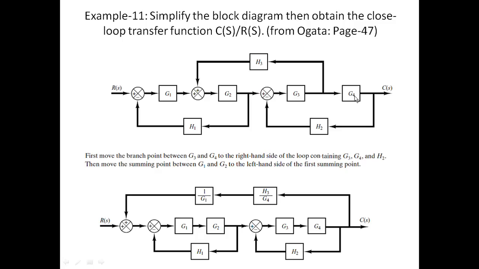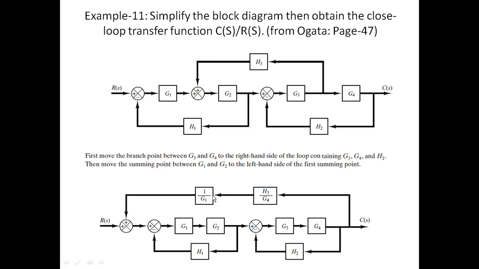As in the previous sum, we just divide with G4 in H3 like this, and we need to shift this summing point to the left hand side of G1. Before shifting, the G1 effect is not there, but after shifting G1 effect is introduced. So to nullify that, we need to add in feedback loop 1 by G1 block.